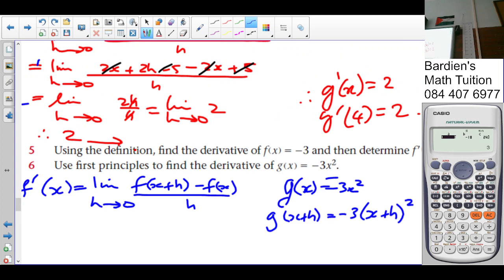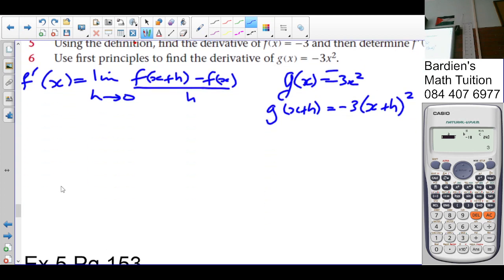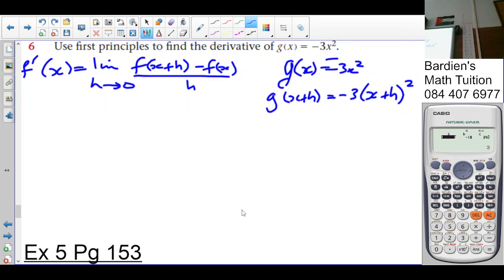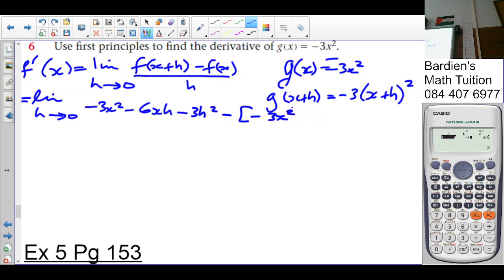Okay, so I can multiply that out one time. So it goes the limit as h approaches 0 of g of x plus h, which will simply be negative 3x squared minus 6xh minus 3h squared, minus negative 3x squared, all over h.